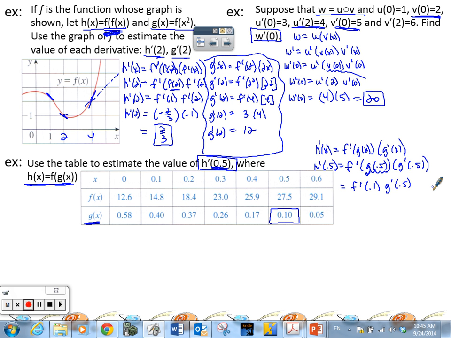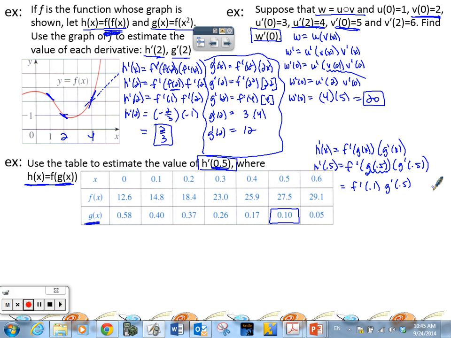Now, when we're estimating derivatives off of a chart, we kind of have to rely on our last resort, don't we? We don't have a graph, we don't have a function, we don't have any other way to estimate besides the slope of the secant, or average rate of change. That's not our first thing we would go to to estimate a derivative, but when all else fails, we go to the slope of the secant.